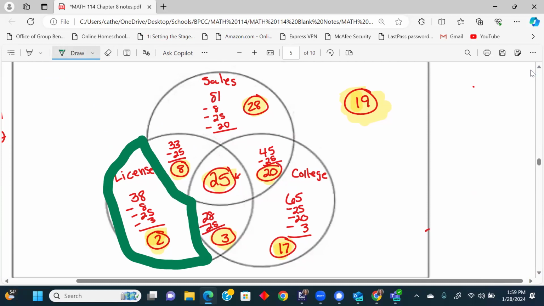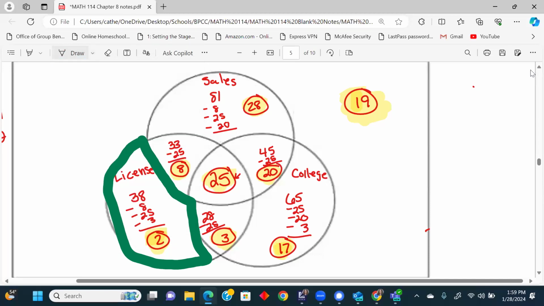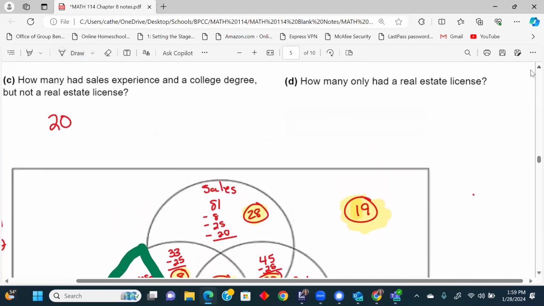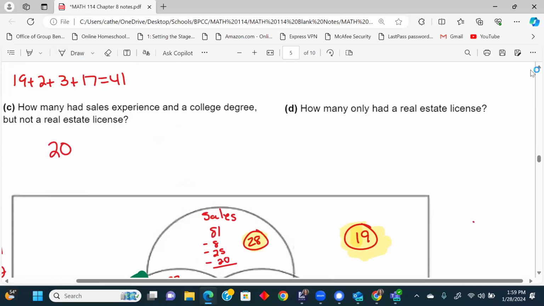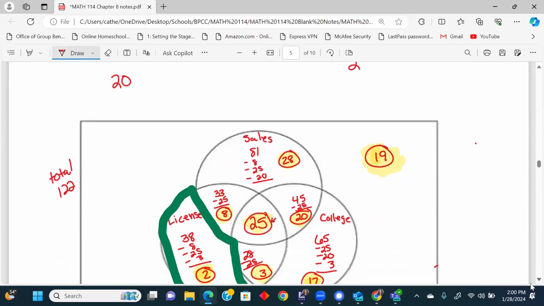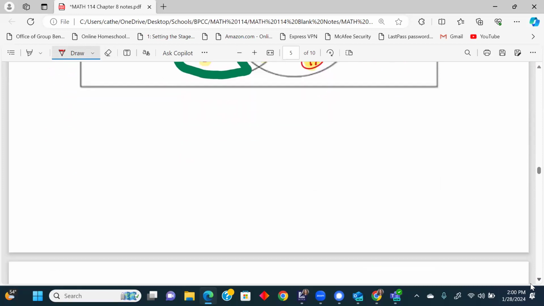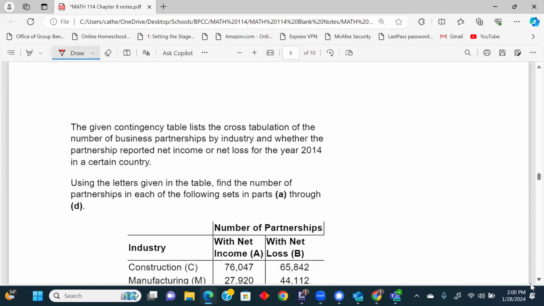So it's just 2 that fit into that. Again, work inside out, filling out the information, and review this if you need it again.